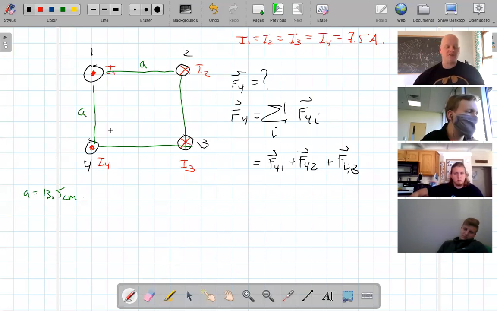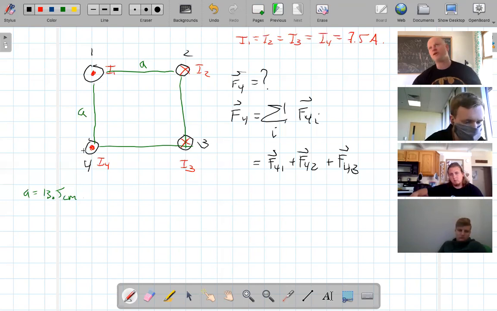Now there's 2 ways we can do this problem. One, we can do the long way. We can determine the direction of all the magnetic fields from each one of these, and then use that to determine what is the magnetic field at wire 4 from each, and then use the cross product, point our fingers in the direction of current 4, use our right-hand rules and do all that good stuff. That's one way to do it. The other way we can do it is, we know the directions of the currents, and we know that if they're in the same direction, they're attractive, and if they're in opposite directions, they're repulsive.